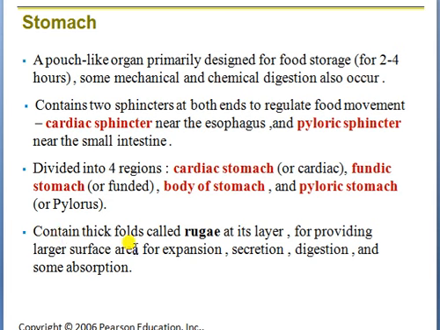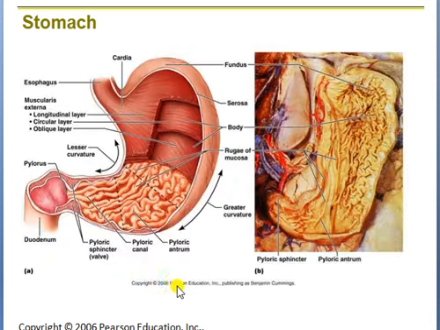in the diagram. In the stomach, the lumen has folds, which we call rugae. They are mainly for expansion, secretion, digestion, and some absorption also. If you observe, this is the stomach structure, this is the cardiac region, this is the esophagus. The small node here is the cardiac sphincter.